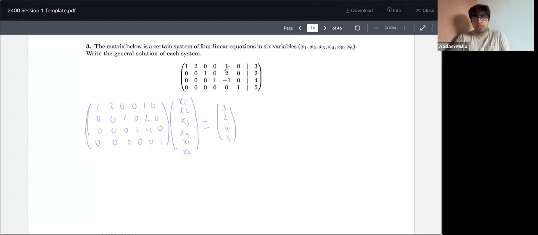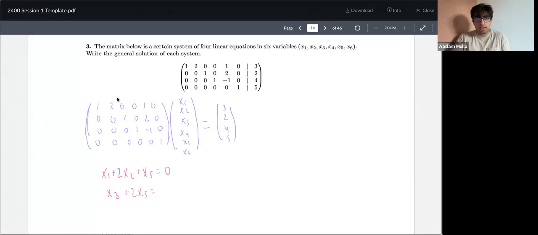Remember, always in your head, this guy needs to turn into this guy, so let's multiply it out. That's the only way you can really think about these. So we get x1 plus 2x2, 0x3, 0x4 plus x5 equals... sorry, not equals 0, equals 3.